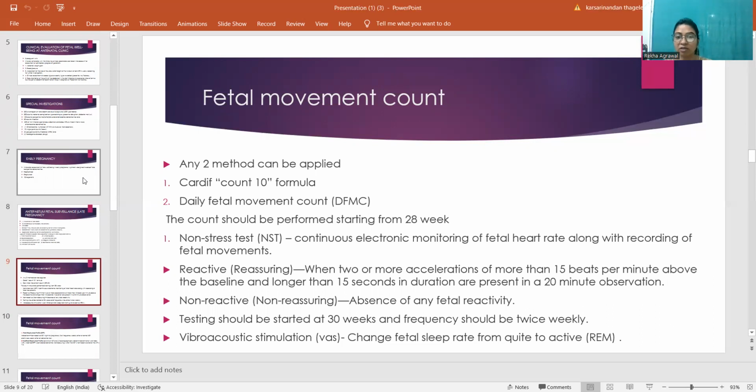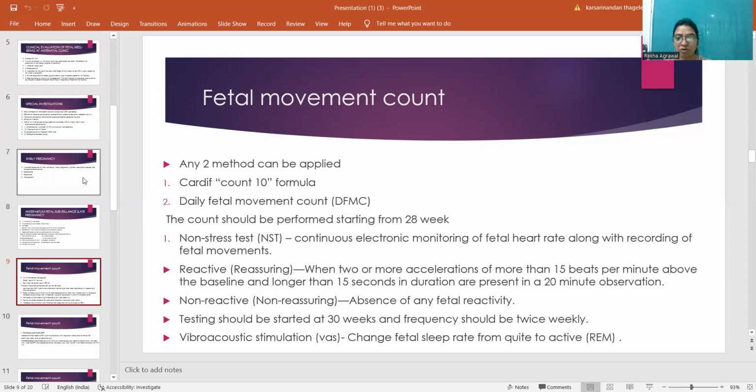Non-stress test: this is non-stress, that means there are no contractions. It is continuous electronic monitoring of the fetal heart rate along with the recording of fetal movement. With the fetal movement, the fetal heart rate increases.